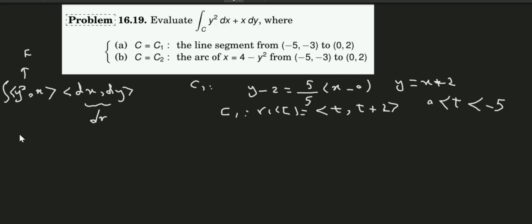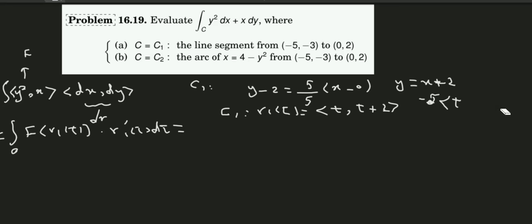And now we can get the integration according to the formula: f composed with r1(t) multiplied by the derivative of r1(t) dt, where t is between minus 5 and 0, because minus 5 is less than 0.